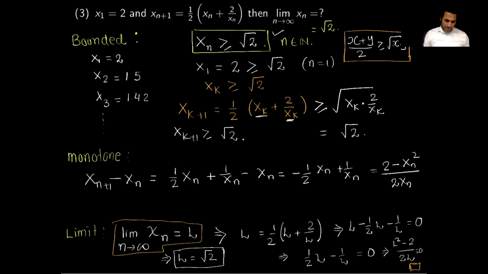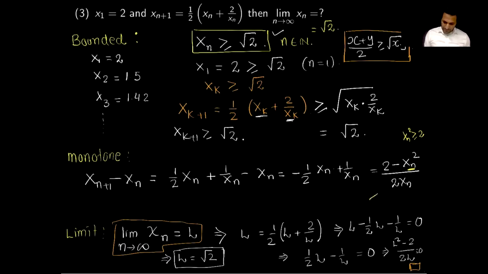Since we have the inequality that xn is always greater than or equal to the square root of 2, it means xn squared is always greater than or equal to 2. So if xn squared is greater than or equal to 2, this whole quantity is less than or equal to 0.